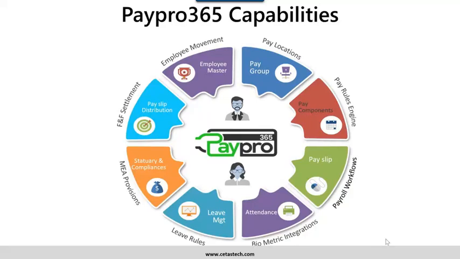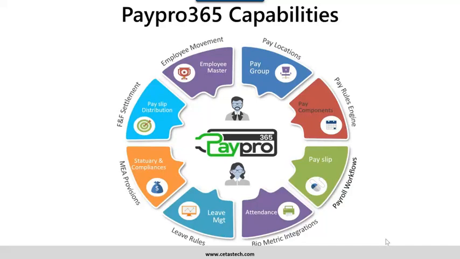Then you have the biometric integration. Suppose you have a few biometric systems where your check-ins and check-outs are happening, those can be linked to our payroll system. Then leave rules, for free zone and non-free zone companies, you could define. And suppose you have multiple offices across the Middle East, you could have those local rules also defined.